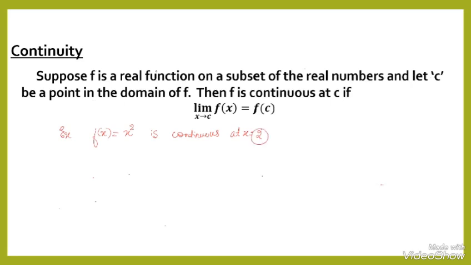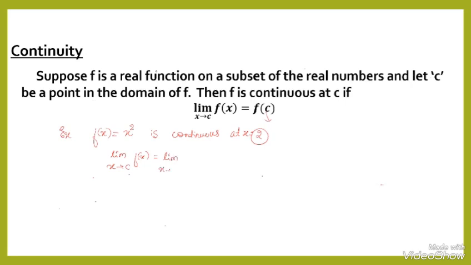Here 2 represents the constant value c. Then we take the condition, the limit of f of x as x tends to c. Now I can replace x by c. The limit as x tends to c represents the condition of that function. Then what is f of x? That is x square.